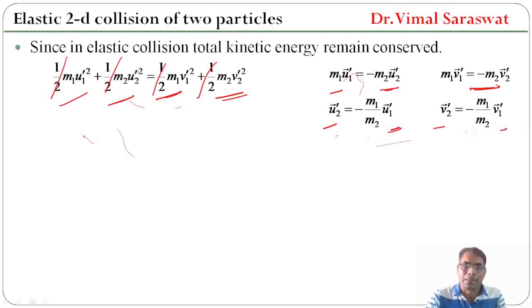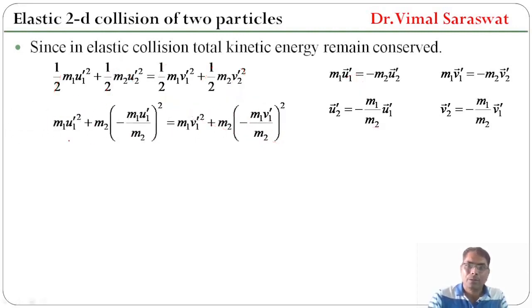So we replace u2 dash with minus m1 upon m2 into u1 dash, and v2 dash by minus m1 upon m2 into v1 dash. So m1 u1 dash square plus m2 into minus m1 u1 dash upon m2 whole square is equal to m1 v1 dash square plus m2 into minus m1 v1 dash upon m2 whole square.